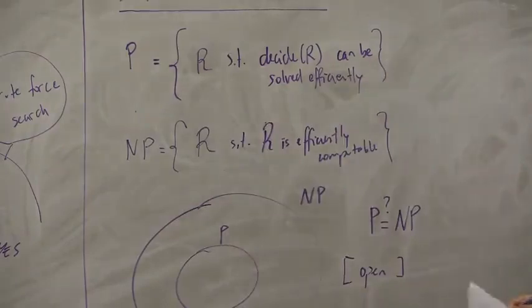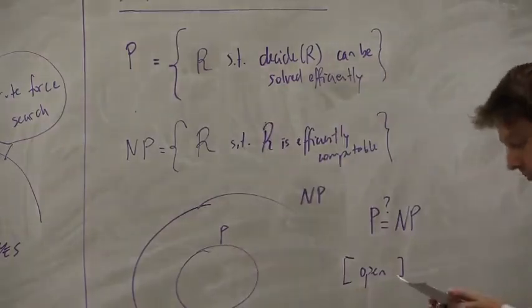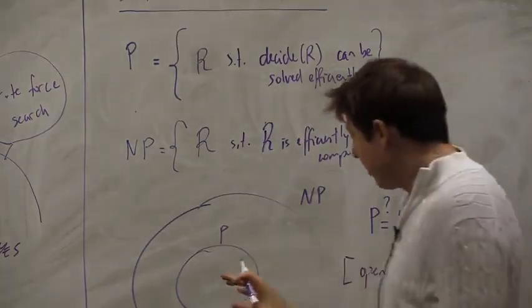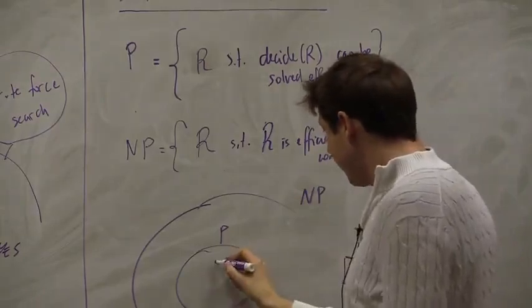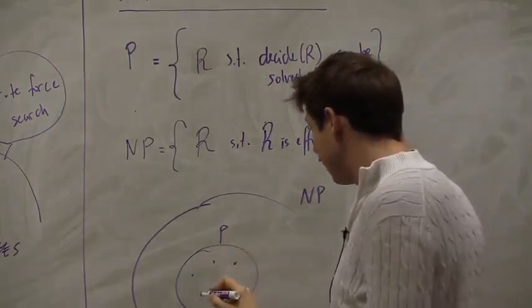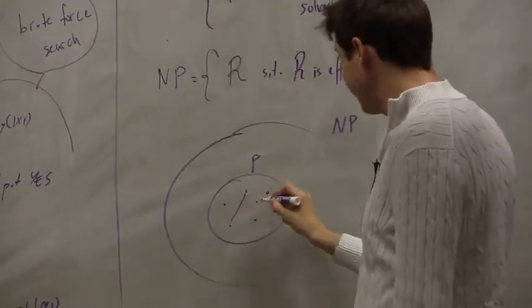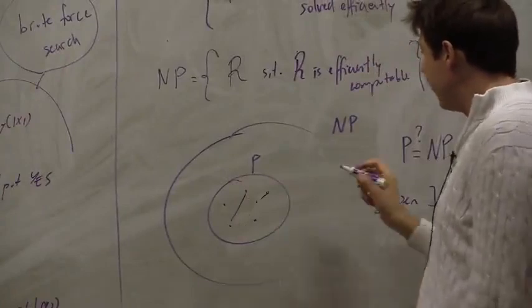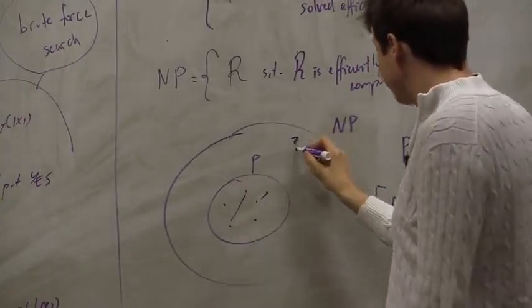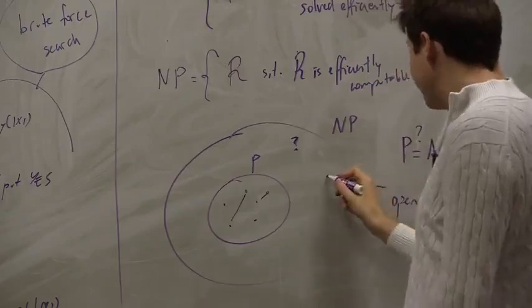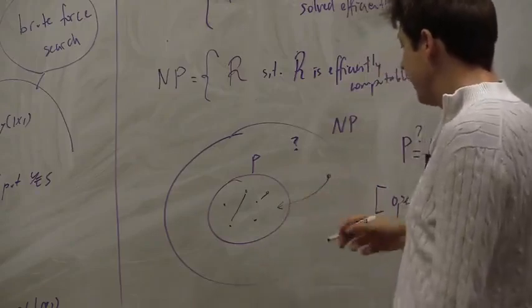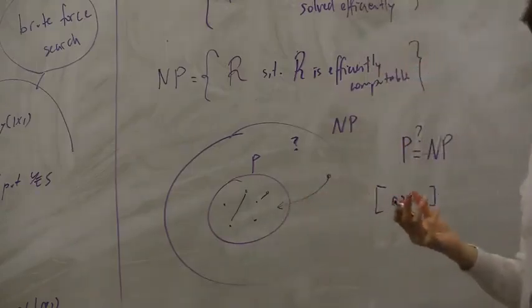Okay? Now, so far in this course, we have been studying specific problems inside here, and sometimes we have been relating these problems through reductions. But at the end of the day, we always had an algorithm, right? If we want to try to understand this space, one option, of course, is to say, well, let's take something that is here, and let's try to move it in here by giving it an efficient algorithm.